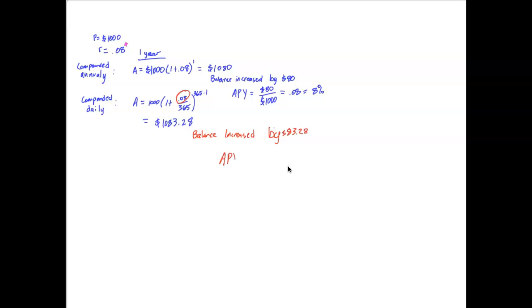So my APY is that $83.28 over the original $1,000, which is 0.08328, or as a percent, 8.328%. So here my APY is different. It's larger than what my APR is, which is 8%. So that's just a little example of why they would be different when it compounds more than annually.